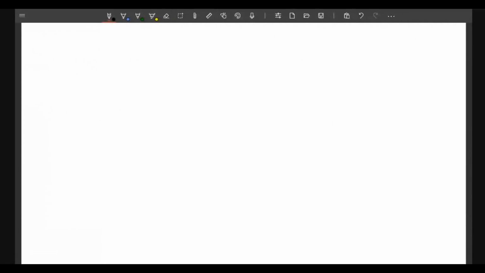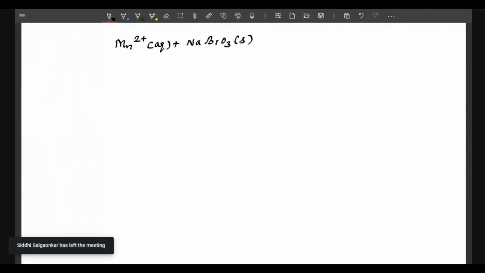Complete and balance the following equation in acidic solution. I will write down the equation. Take down the equation.